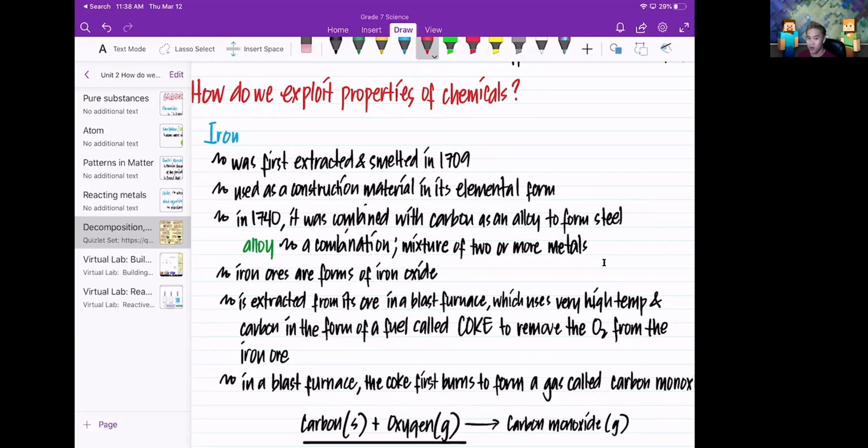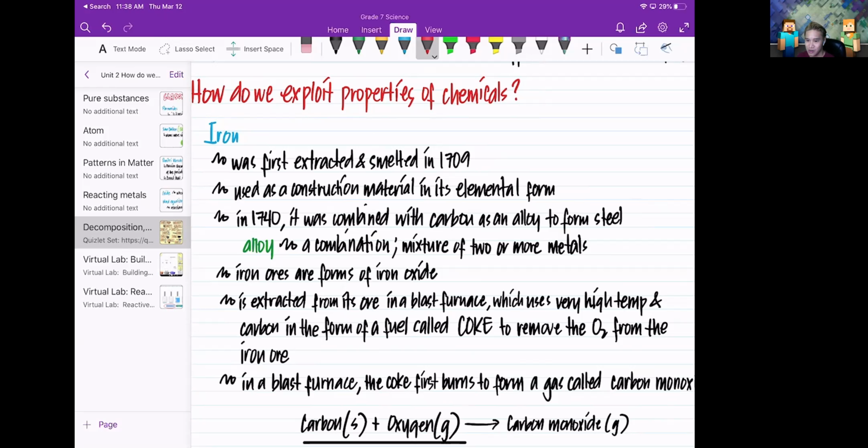Coke here is not your Coca-Cola. Later I will show you a video about the blast furnace in order for us to get to know more about this. They use this fuel, the coke, to remove the oxygen from the iron ore.